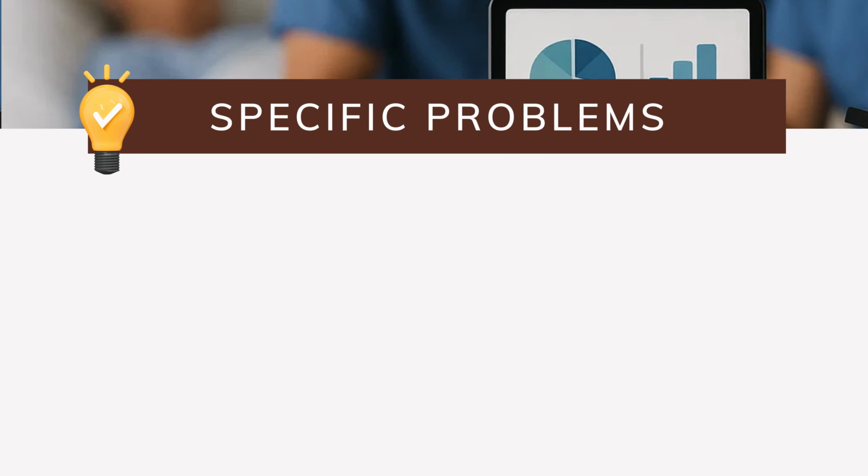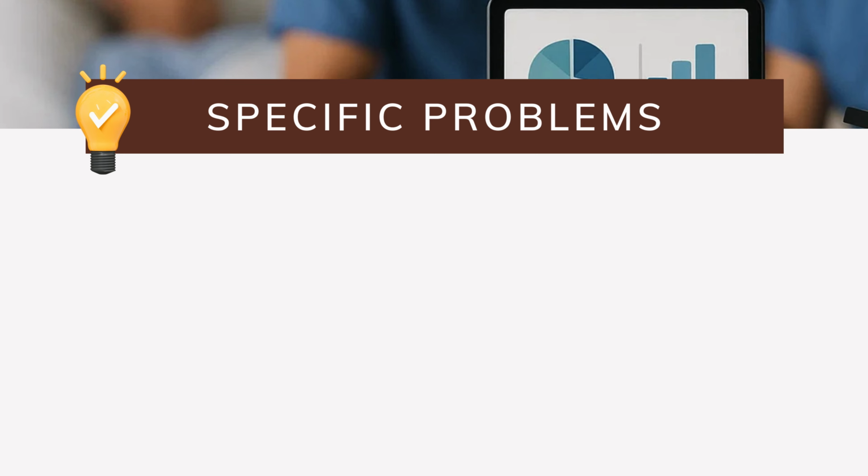Writing effective specific problems is not just about asking any question. It is about asking the right kind of question in the right way. Always use simple and direct language. Avoid complicated sentence structures that can confuse your reader, or more importantly, yourself as the researcher.